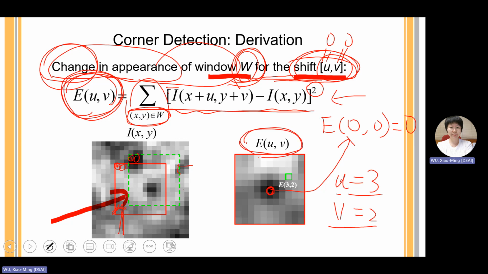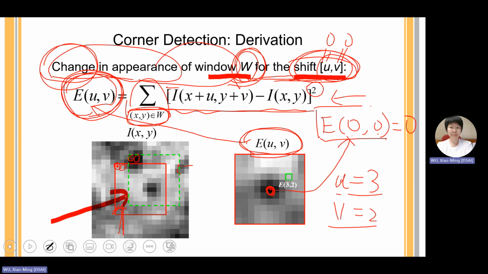Remember, this is a visualization of this function, so this block represents the value of E00.